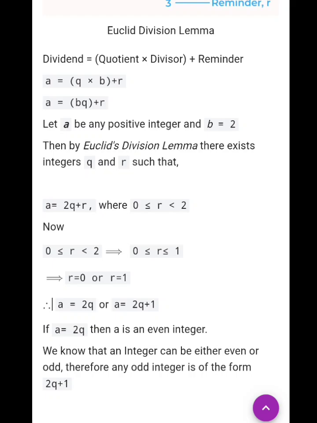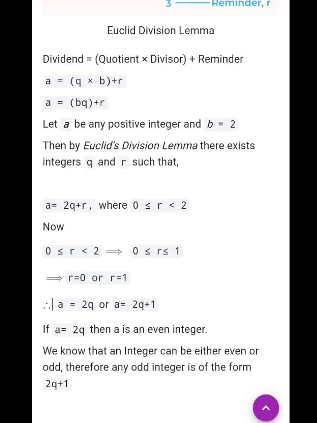We can substitute these values in the equation a is equal to 2q plus r. So r will have two values, r is equal to 0 or r is equal to 1. When we substitute r is equal to 0, we get a is equal to 2q.